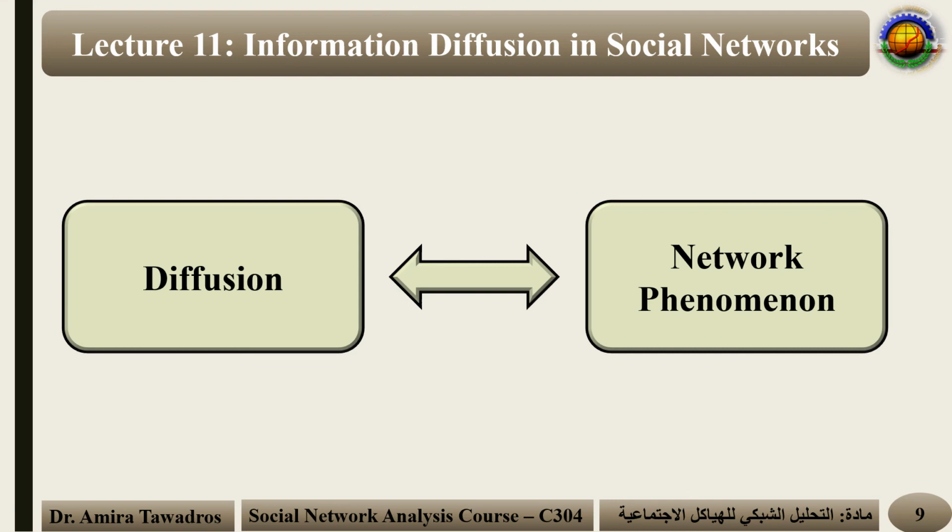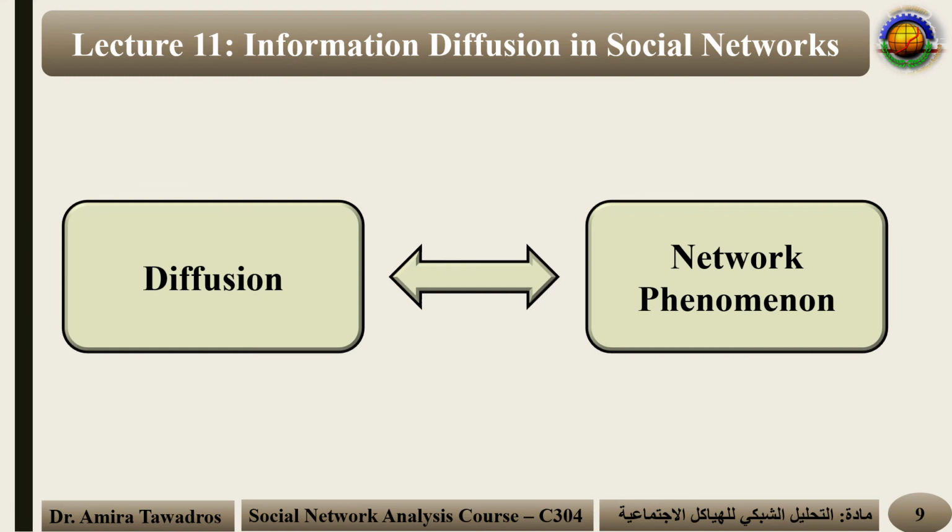So if we take the adoption path, we will build the ideas of diffusion on node properties and edge properties, and we will relate these properties to the speed at which a specific idea is diffused or adopted by many members of the society.